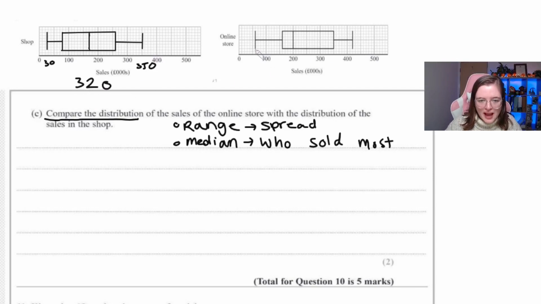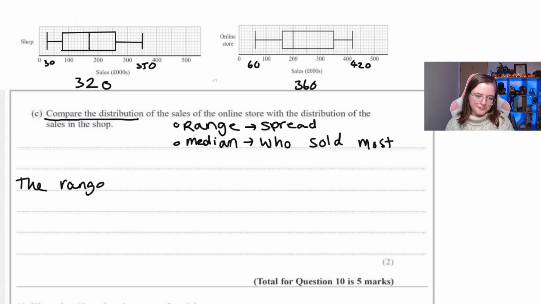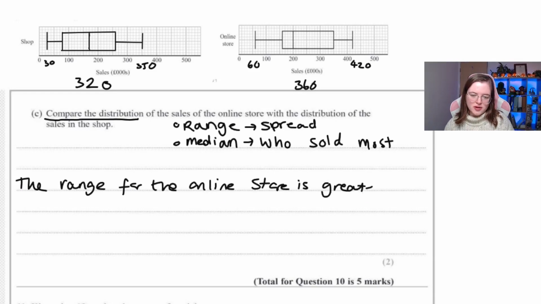Then this one we have 60 to 420. If we take those away, probably out of my head, 360. There we are. So let's put that down then. So the range for the online store is greater, so the sales were more spread out.